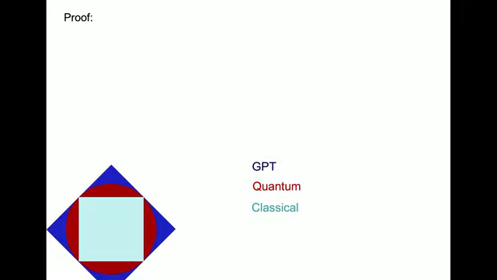And so the proof of this is pretty simple. Here again is this cartoon. We have the classical set of correlations. The ones that quantum theory can realize is a strictly larger set. And then the ones that any GPT can realize, this is the maximally non-local set that's logically possible.